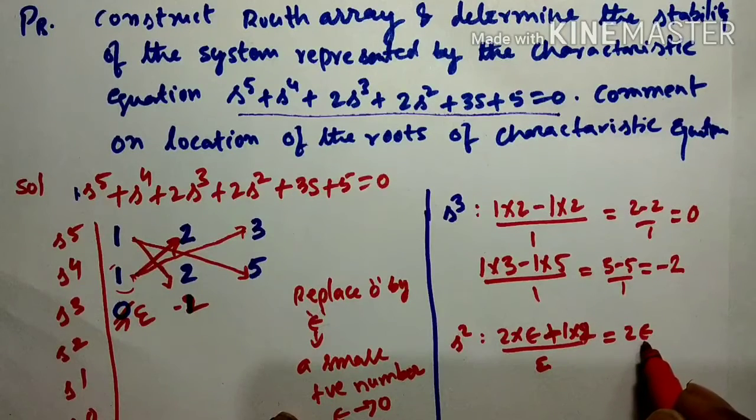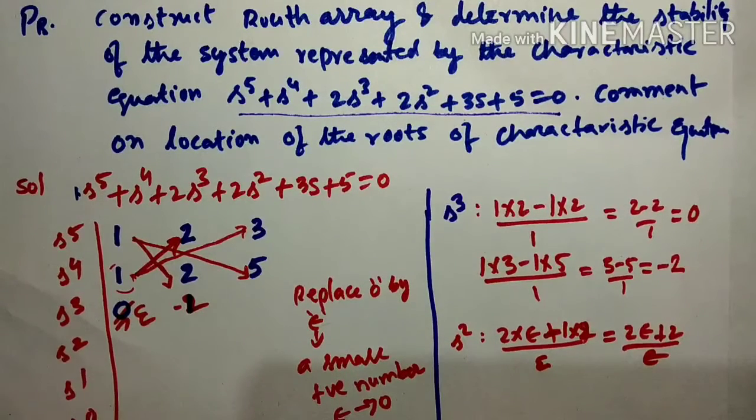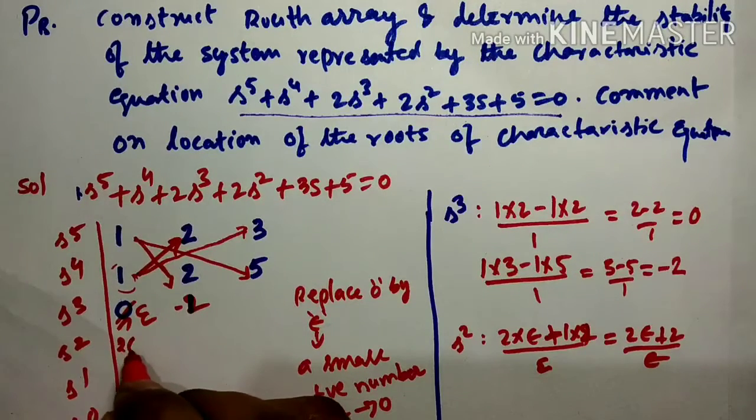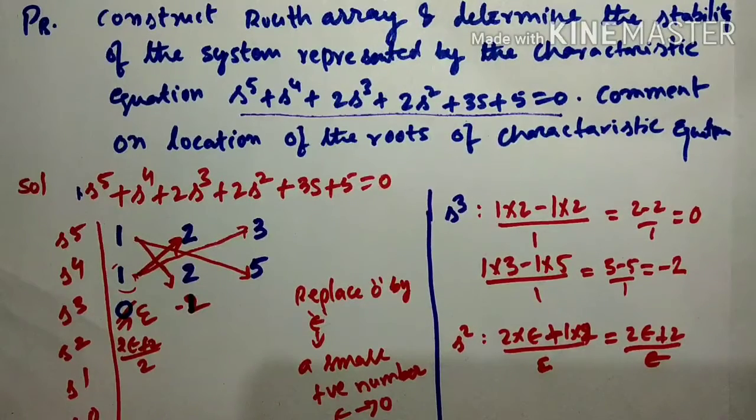So 2 epsilon plus 2 by epsilon. So here this value is 2 epsilon plus 2 by 2.